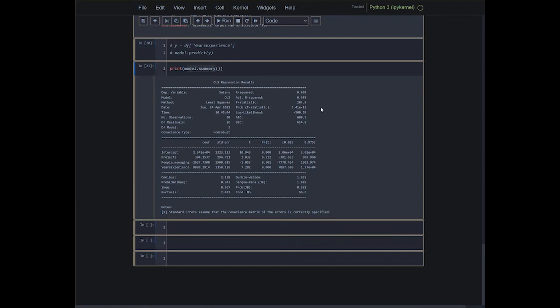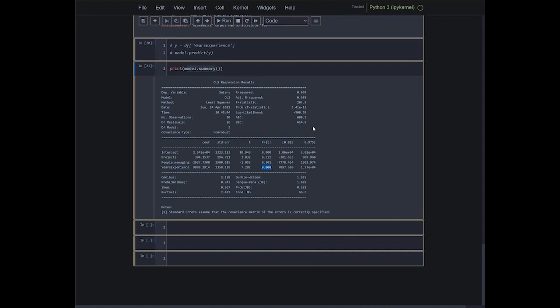We have seen previously that years of experience is significantly related with salary, but others are not. So here we can see when we did the individual t-tests, the p-value of projects is greater than 0.05, people managing is also greater than 0.05, but only years of experience is significantly related.